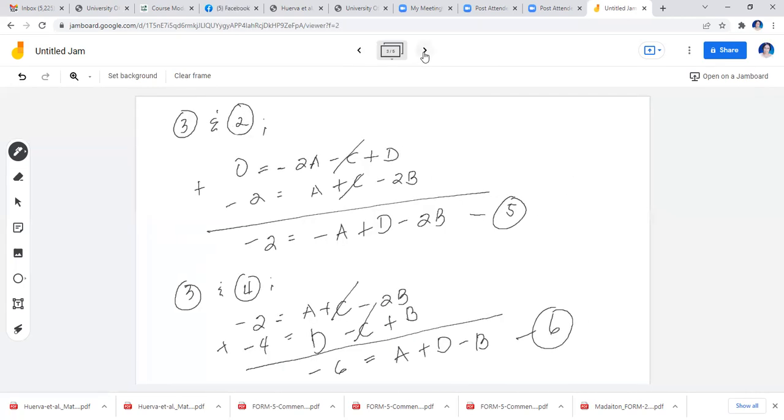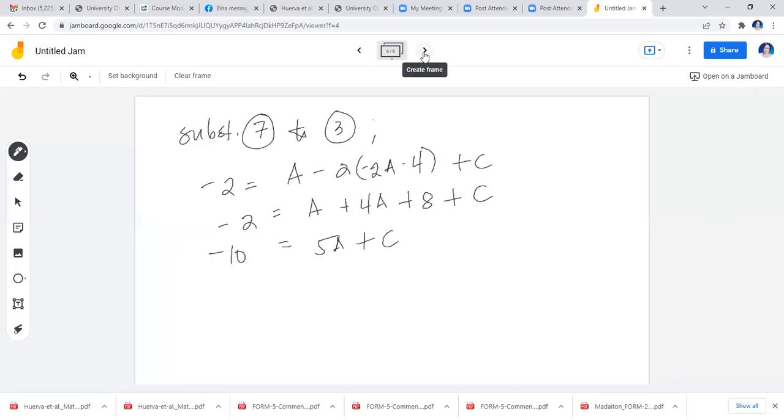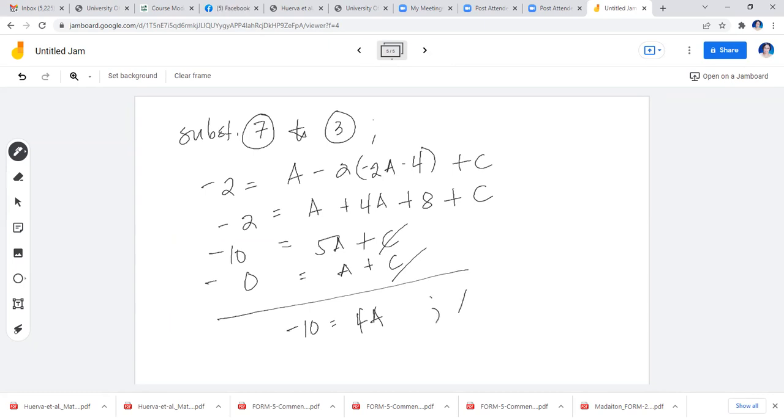So 0 is equal to a plus c. If I subtract, I get to cancel the c's. I will have 4a equal to negative 10. So I get to know that a is equal to 10 over 4, which is 5 divided by 2, 5 halves.